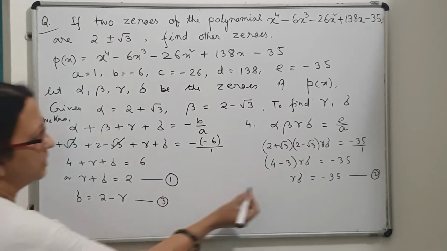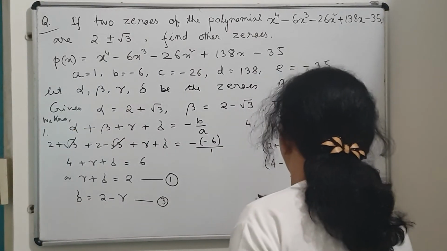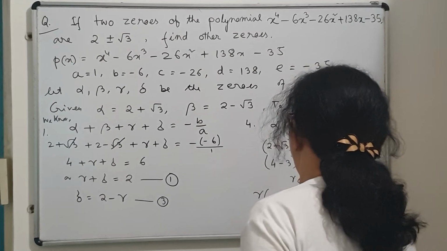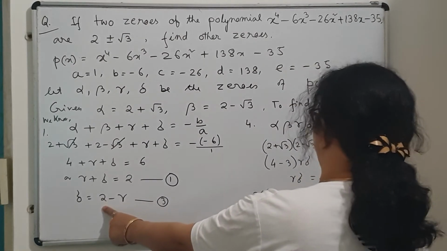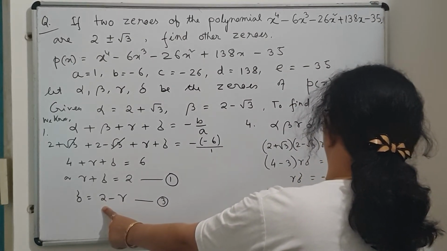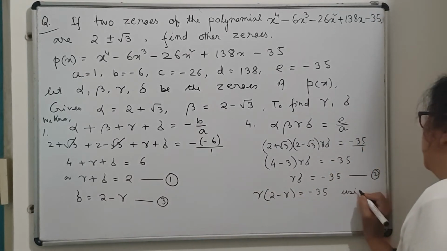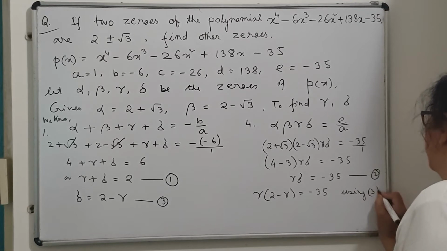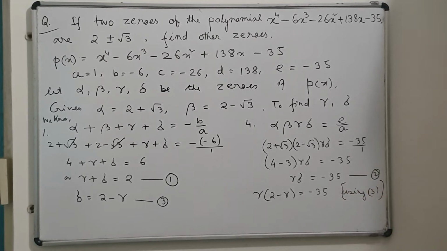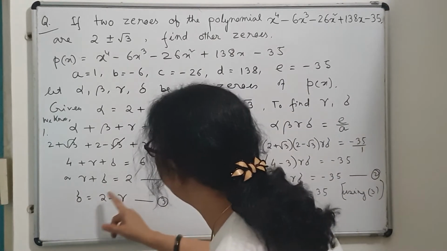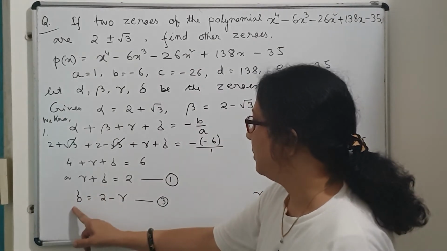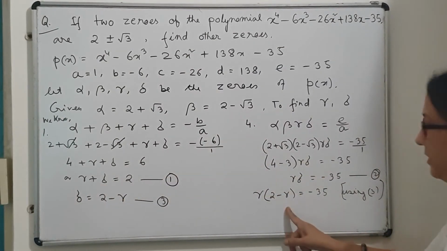So this I'll be using here: in place of delta I'll be writing 2 minus gamma, in the equation gamma delta is -35, using 3, sorry. From the linear one, I have expressed one variable in terms of the other and put it here.